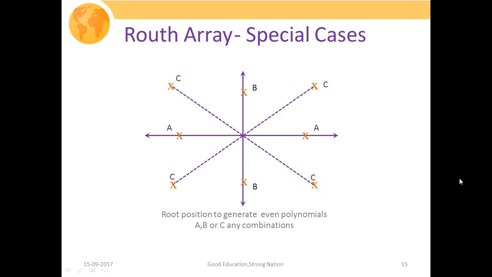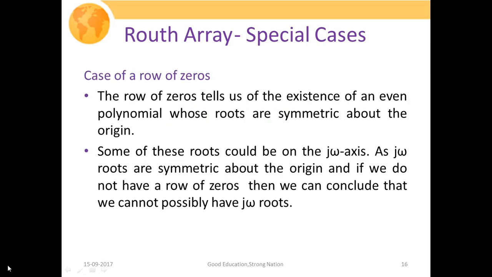This figure shows the root positions that generate an even polynomial. So a row of zeros tells us of the existence of an even polynomial whose roots are symmetrical about the origin, as we have seen in the last figure. Some of these roots could be on the j omega axis. As j omega axis roots are symmetric about the origin, if we do not have a row of zeros, we can conclude that we cannot have j omega roots.